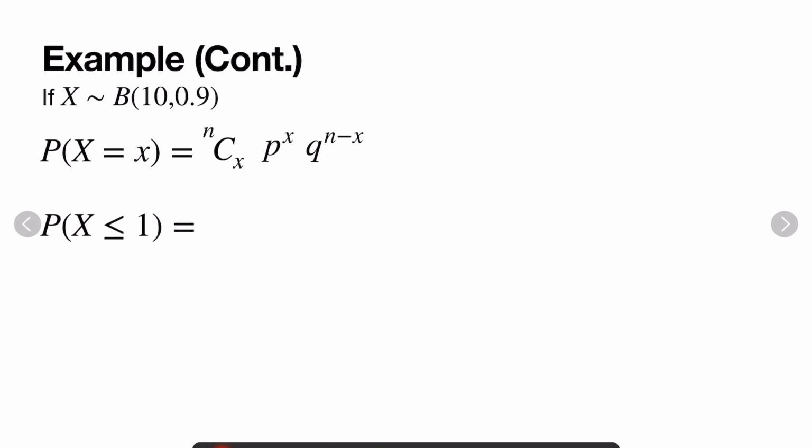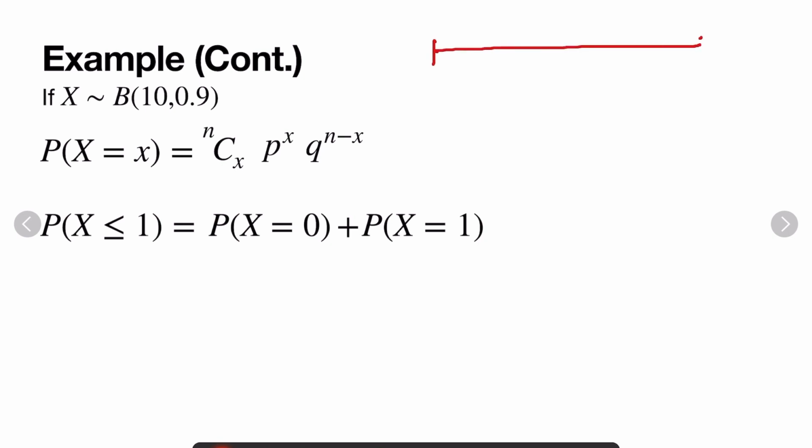Our formula for binomial starts with 0, 1, 2 until N. N ada berapa? N ada 10. So kalau less than or equals to 1 means 0 dengan 1.